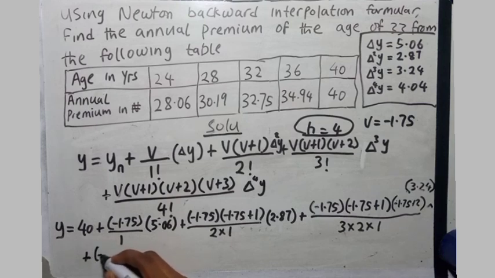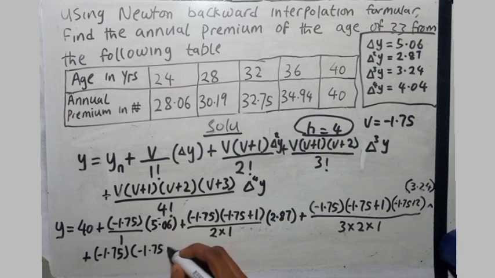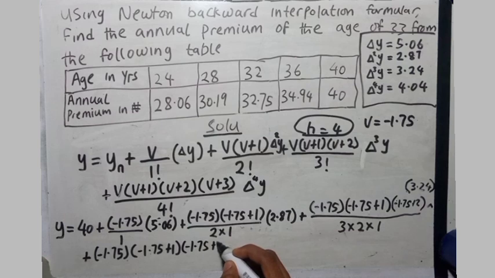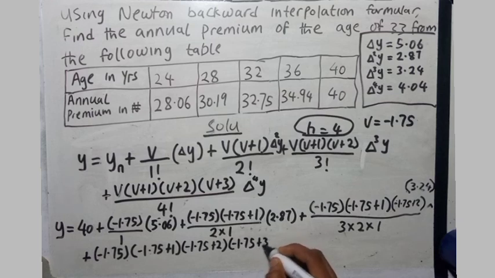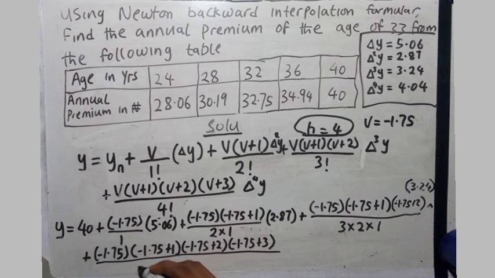Okay, and the last one, which is minus 1.75, minus 1.75 plus 1, minus 1.75 plus 2, minus 1.75 plus 3, all over 4 times 3 times 2 times 1.